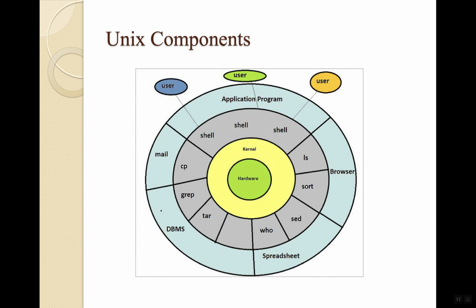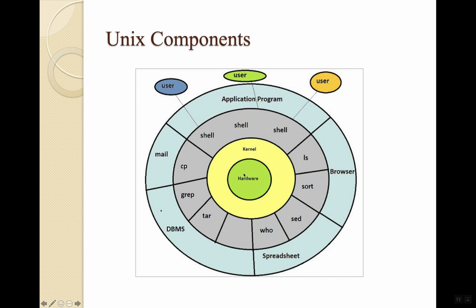And we will see now the Unix architecture, how the architecture is. As you saw previously, an operating system is hardware, system software, application software and user. If you see the Unix architecture, there is hardware. Hardware is nothing but your desktop or your laptop, anything.